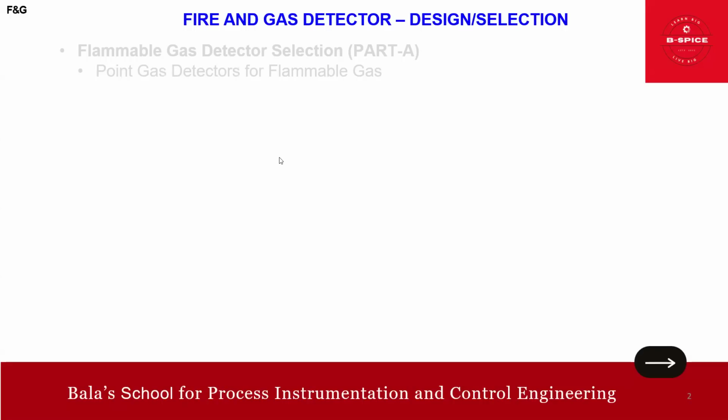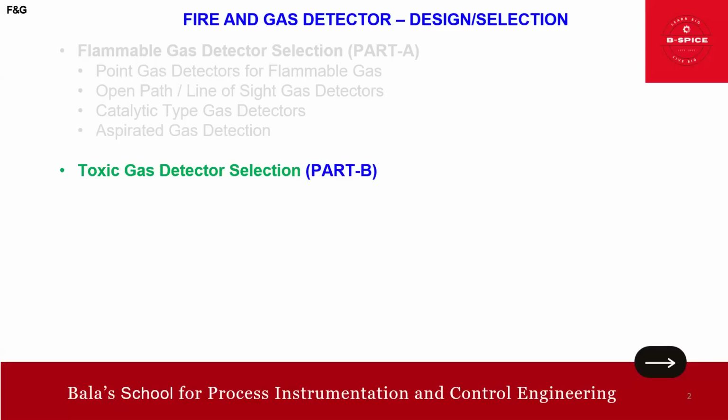Okay, so flammable gas detector in the sense point gas detection, open path line of sight gas detector, catalytic type, and aspirated gas detection. We have dealt in detail. Now in this section, we will talk about toxic gas detector selection.